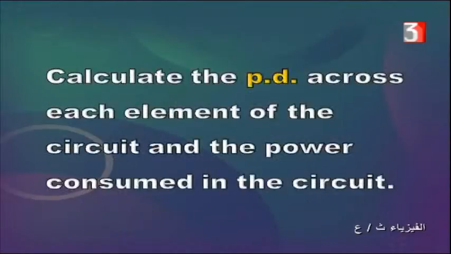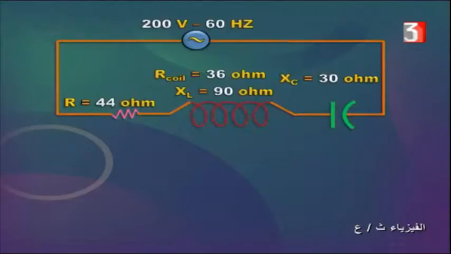Another problem, calculate the potential difference across each element of the circuit, the following circuit of course, and the power consumed in the circuit. So a circuit will be shown to you right now.